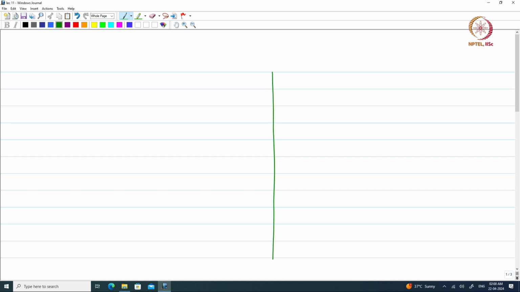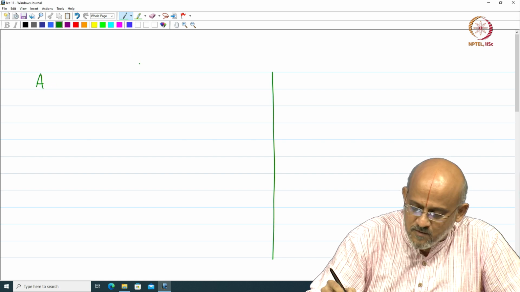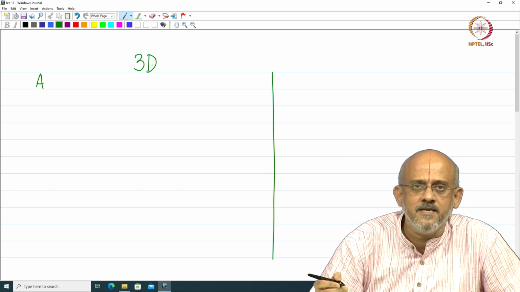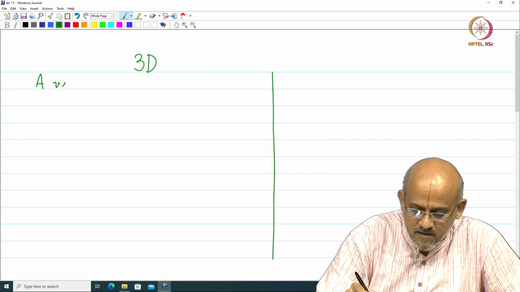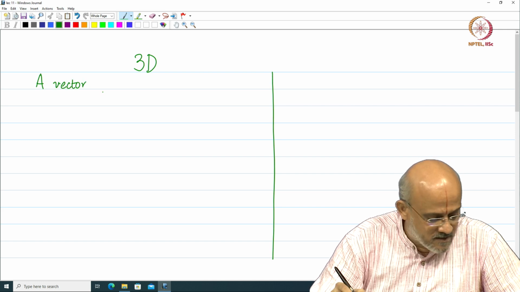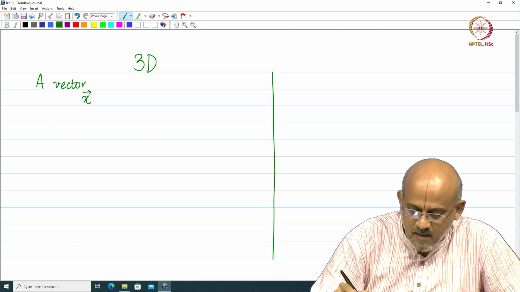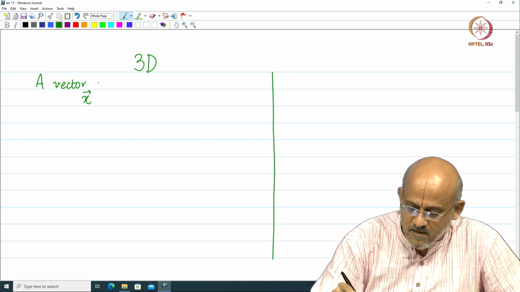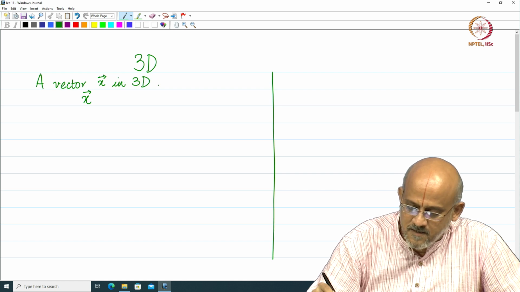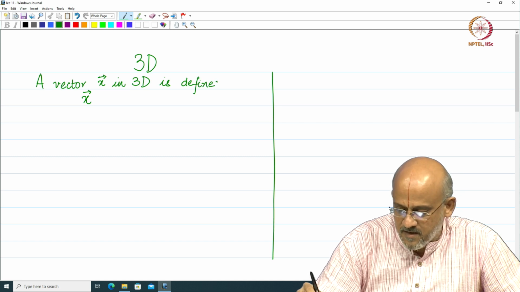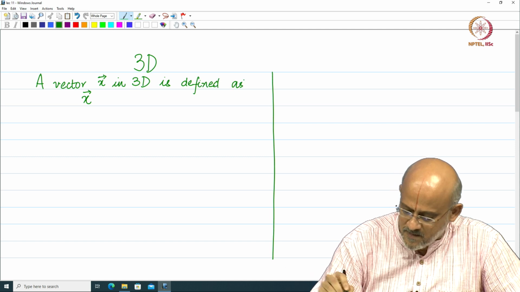Any vector in 3D we are going to write, and in all these cases we are just going to focus on vectors whose components are real numbers. So let us take a vector x in 3D. x in 3D is defined or expressed as a triple of numbers.